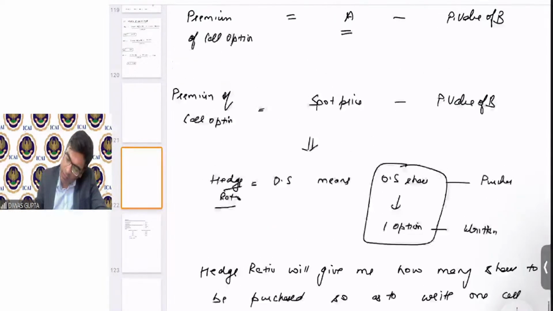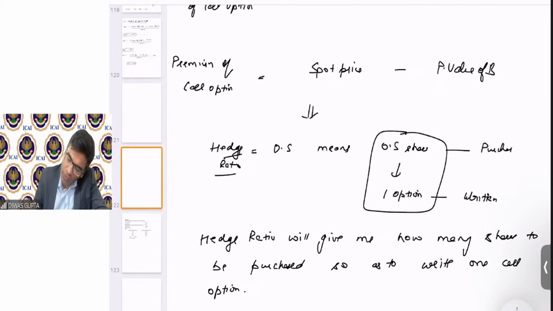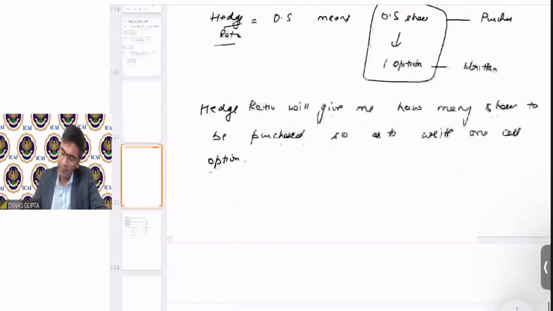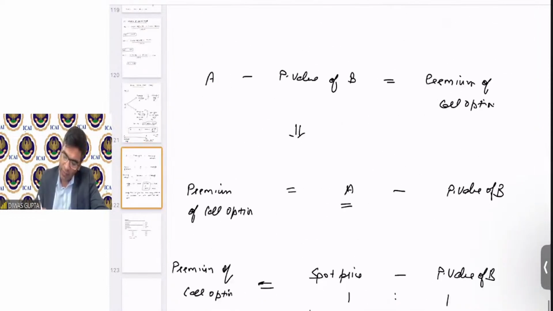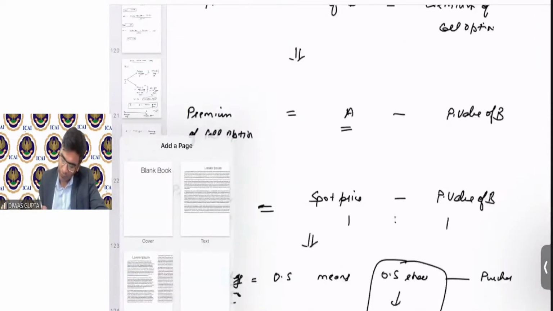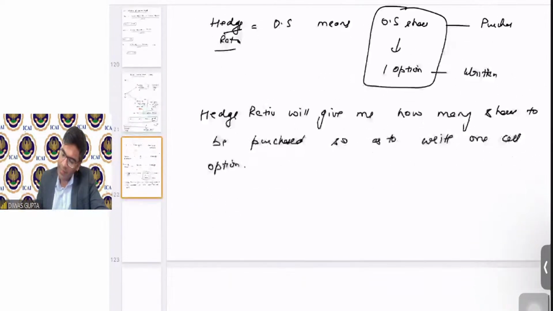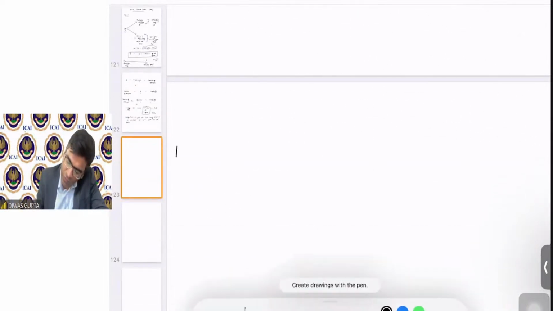Okay. So till now in this equation, students, I am taking 1:1, one share and one option. However, practically, we know that there is a concept of hedge ratio, on the basis of which the number of shares and options can be linked. Okay, so what I will do next is, can I rewrite this formula like this?